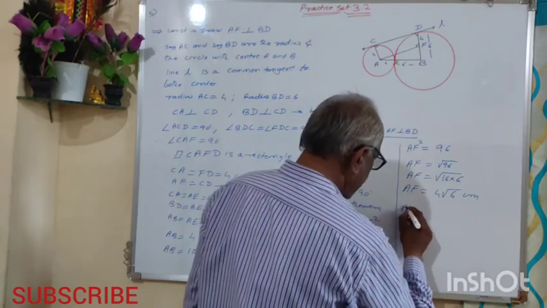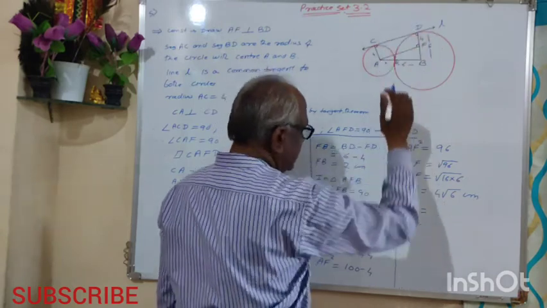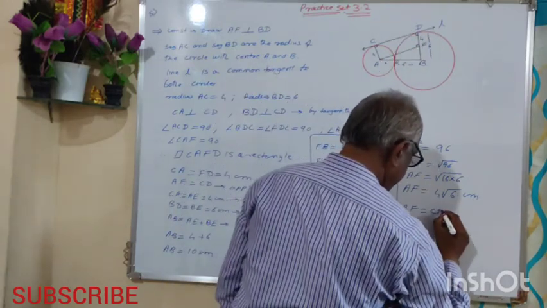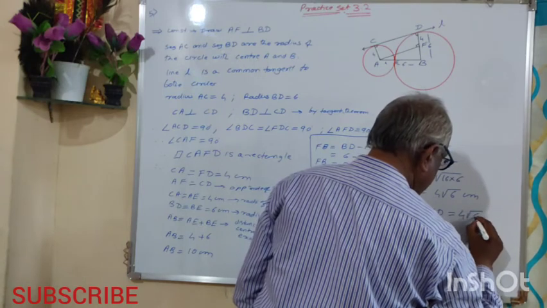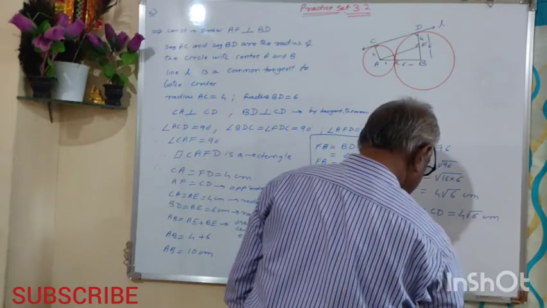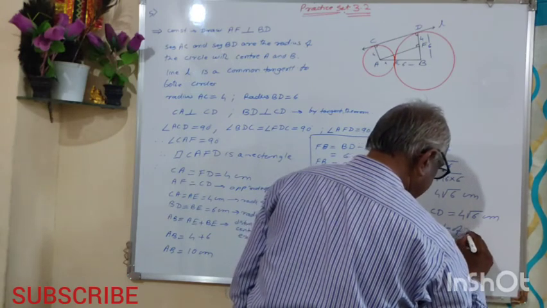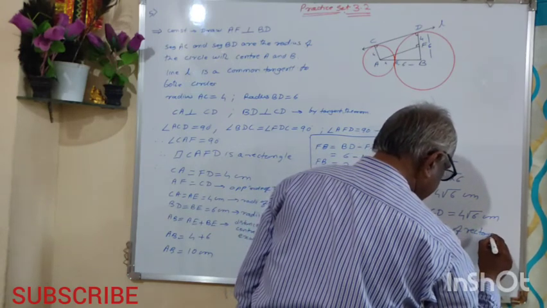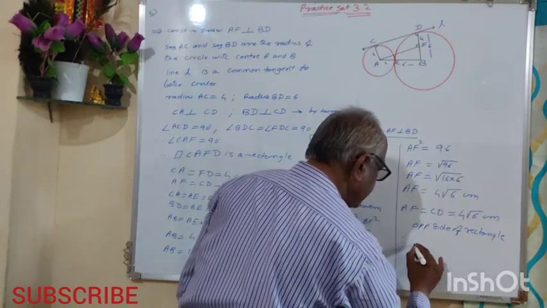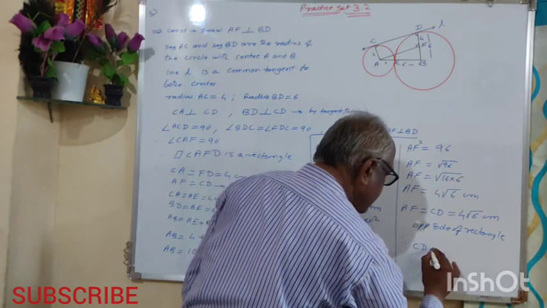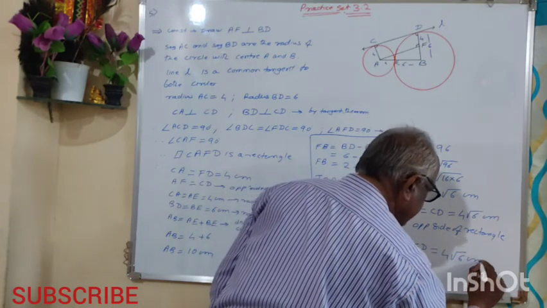Now this AF is equal to CD, that is opposite side of rectangle. Therefore, CD is equal to 4 under root 6 centimeter.